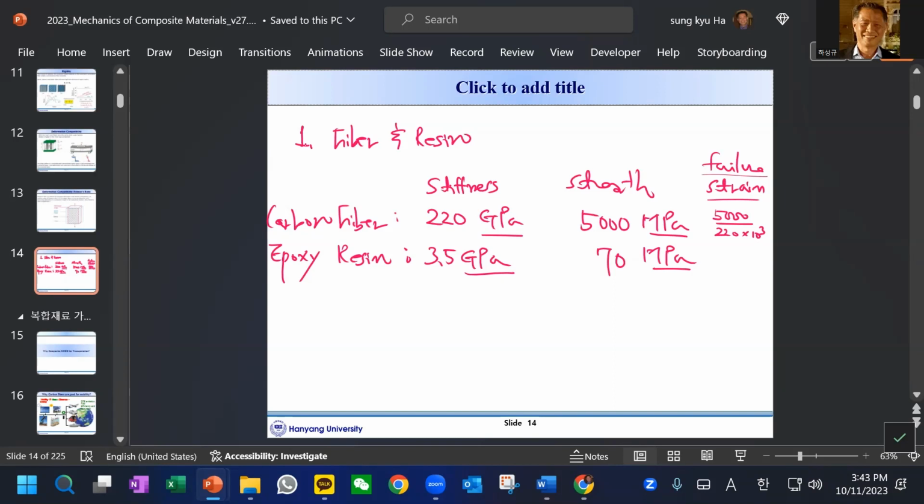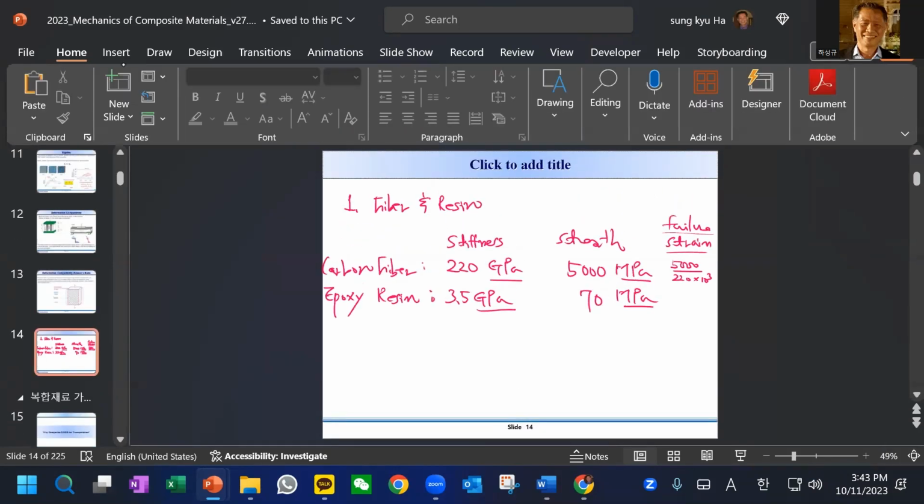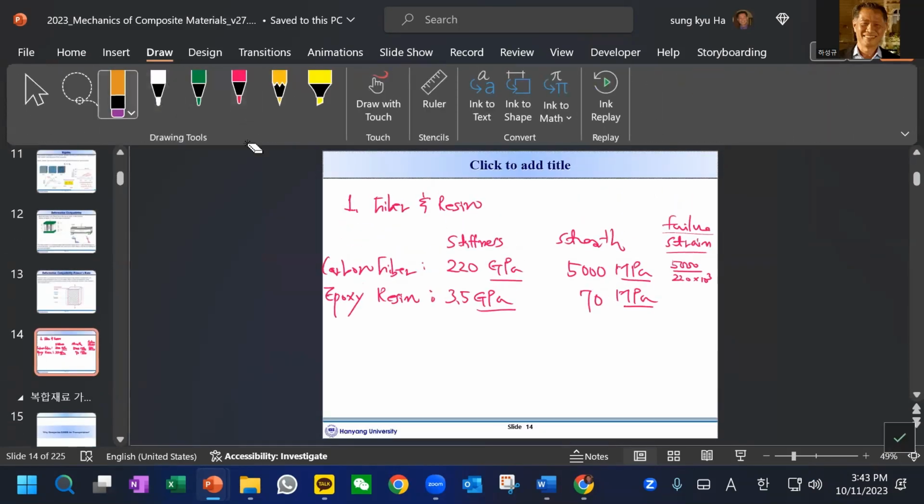So okay, I can just write down the number here, not a precise number, but an engineering sense number you can remember.